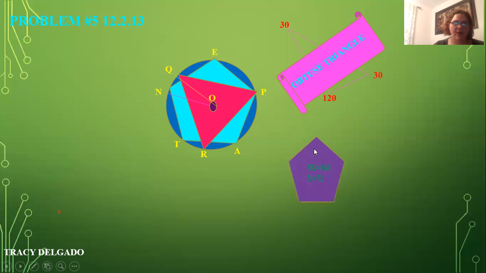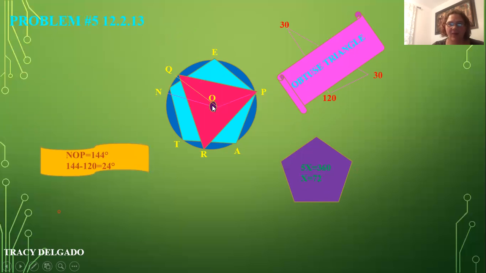And when we inscribe our pentagon, we have 5x equals 360, and our x equals 72. And when we're finding our line NOP, as you can see right here, the angle for that is 144 degrees. So when we take 144 minus 120, that gives us 24 degrees. So angle NOQ is 24 degrees.